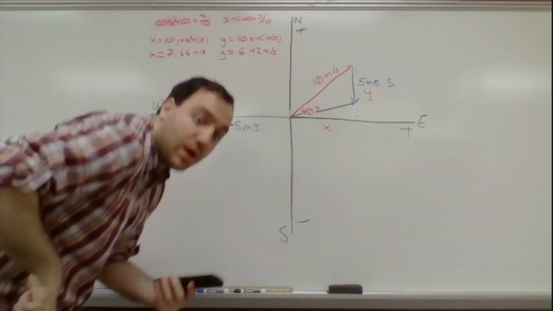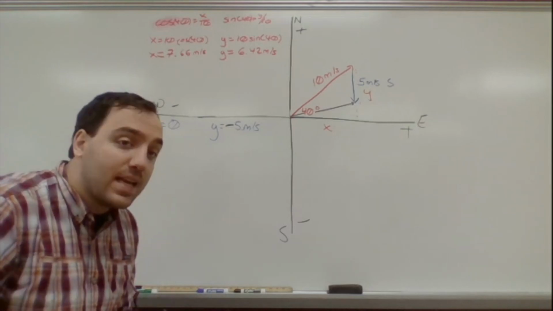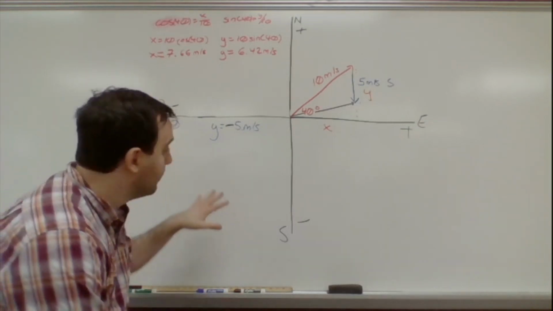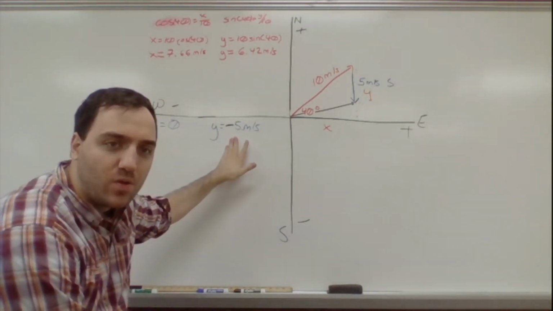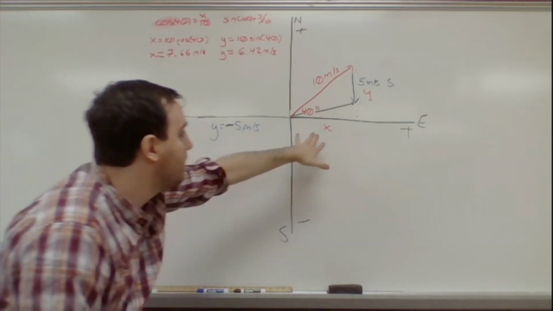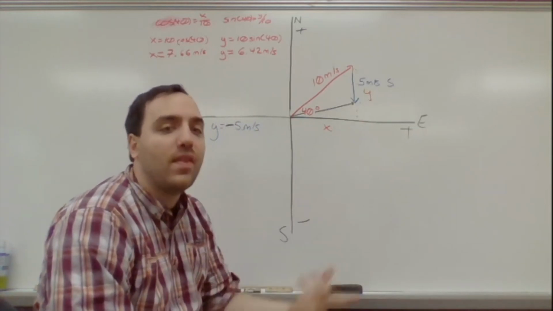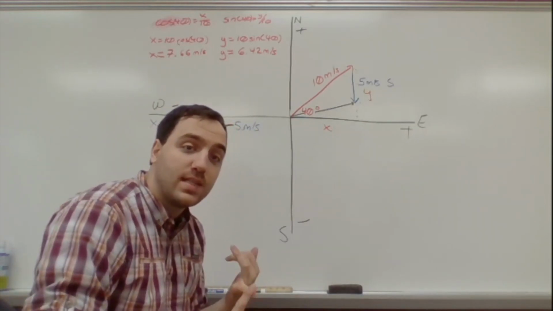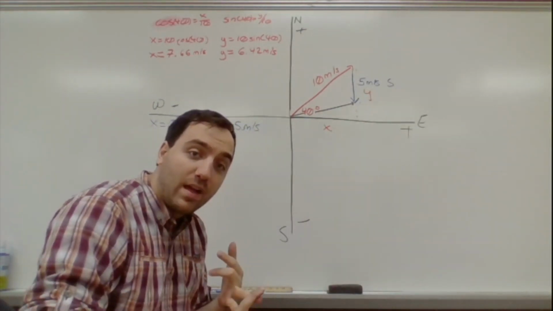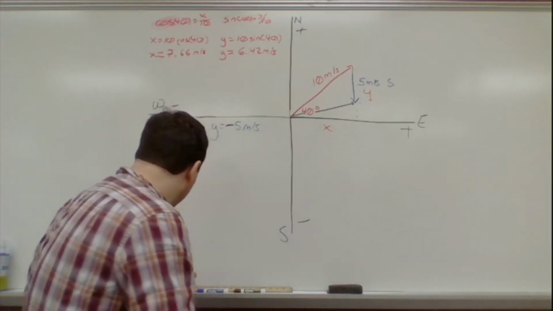Once you've got those, it's the same process. Add them together. Adding a negative number is the same as subtracting. Finding the components of this black vector triangle here, and then go through the process. What's the angle using tangent? What's the length using Pythagorean theorem?